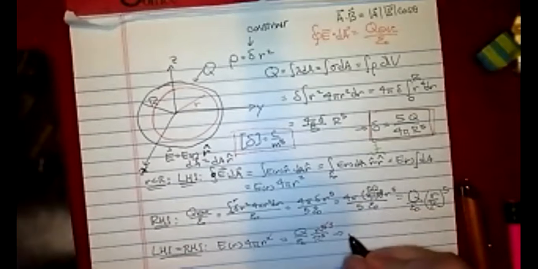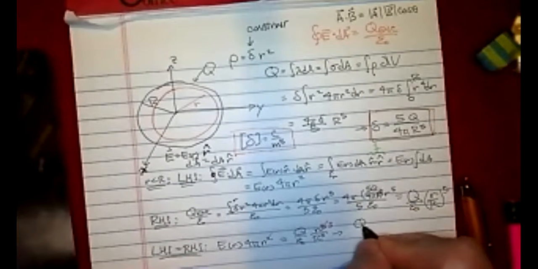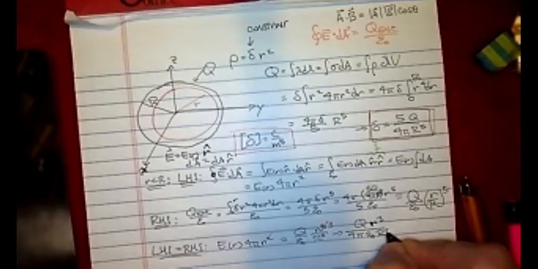I'm going to say that the electric field is in fact equal to Q r to the third power, that's a little r to the third power, over 4 pi epsilon naught R to the fifth.